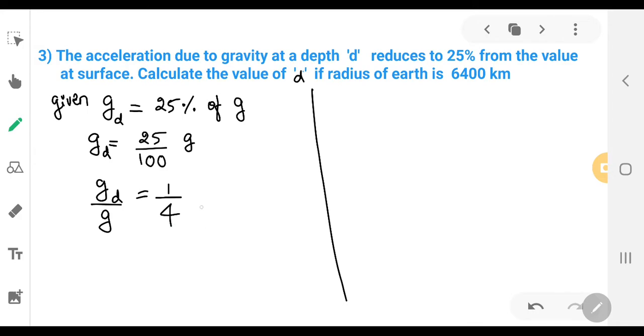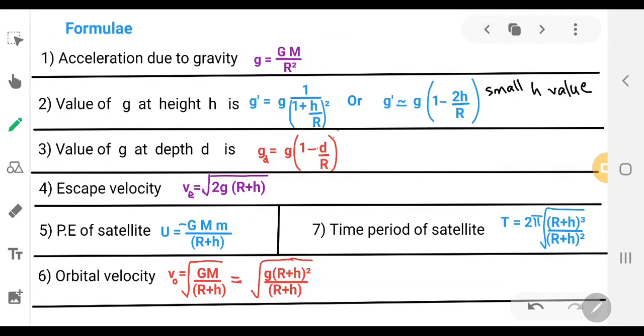Let us consider this as equation 1. Now write the equation for acceleration due to gravity at some depth d: gd is equal to g into 1 minus d by r.